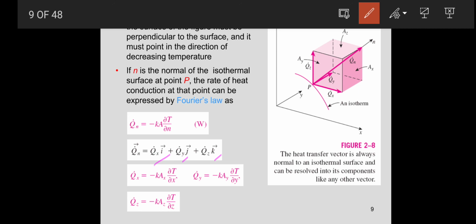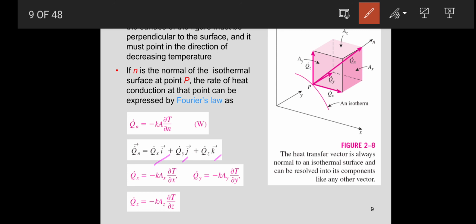Then similarly q dot y, that means heat transfer rate in y direction, is equal to minus k Ay dT by dy, so Ay means the area perpendicular to the y direction, and dT by dy means temperature changing in the y direction. So similarly here q dot z is equal to minus k Az dT by dz.